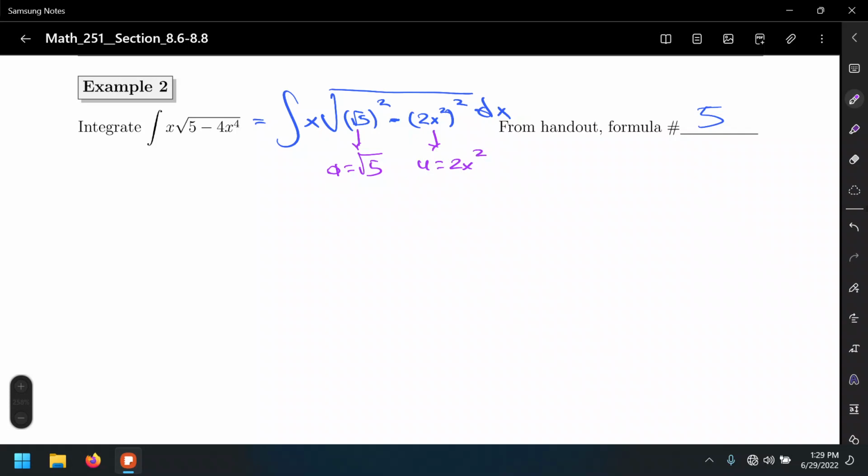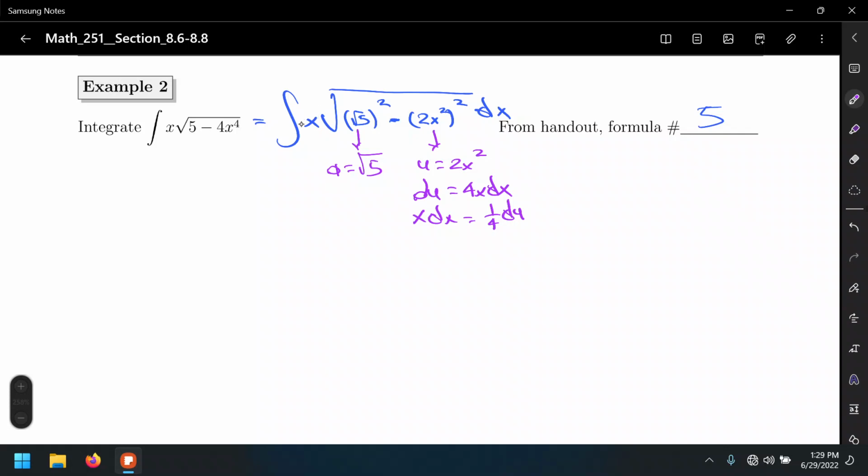Okay, so in this case for the u part, we need to set up du as usual. That's 4x dx, and x dx equals 1/4 du. Alright, so let's write down this integral in terms of u.